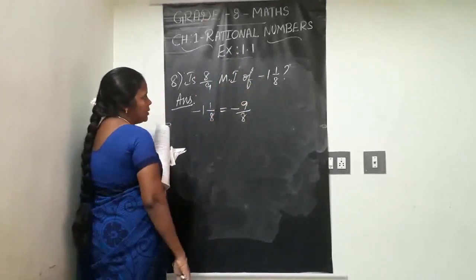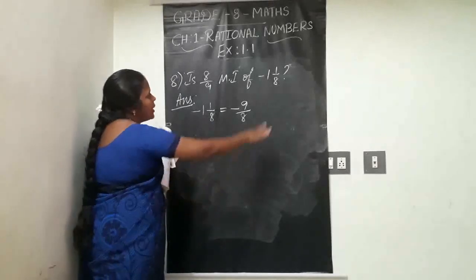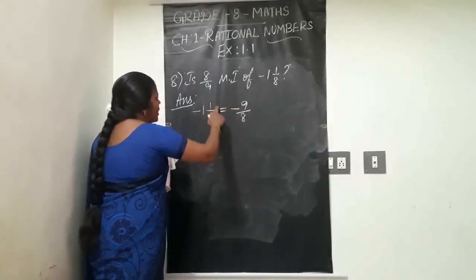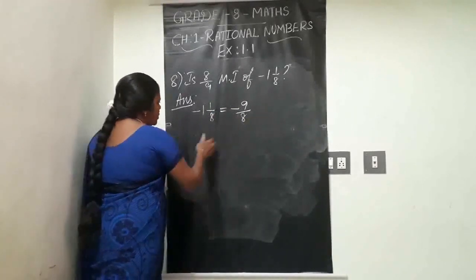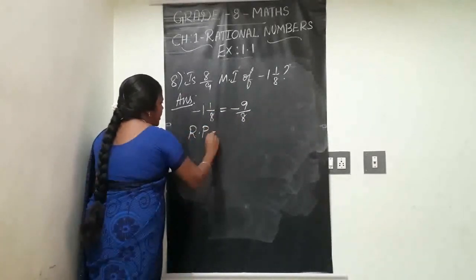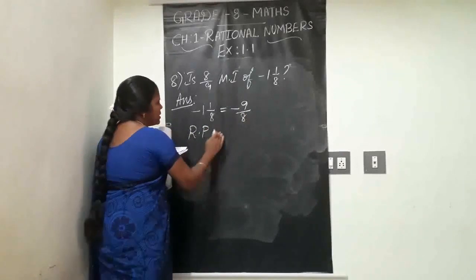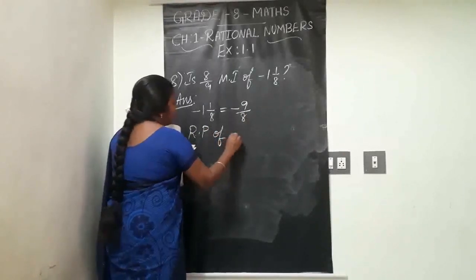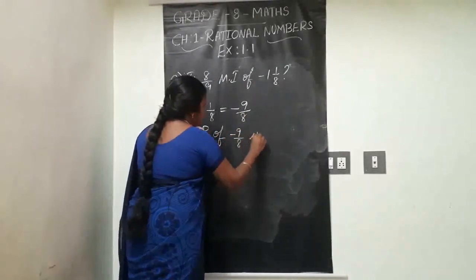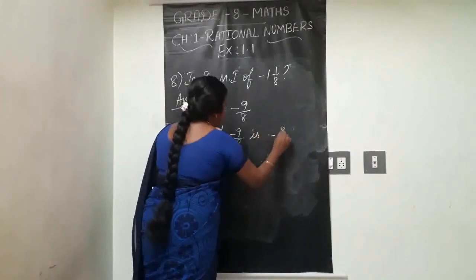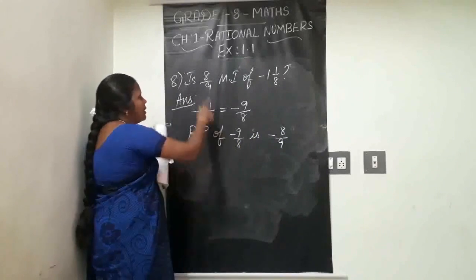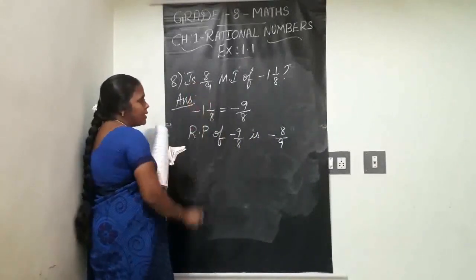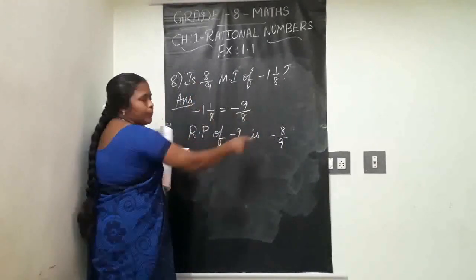We have to check. For that, I have taken this number that is in mixed form, and changed it like this. Now I am going to write the reciprocal of this number. The reciprocal of minus 9 by 8, what comes? Minus 8 by 9. Clear? But they gave here plus 8 by 9. Are they equal?